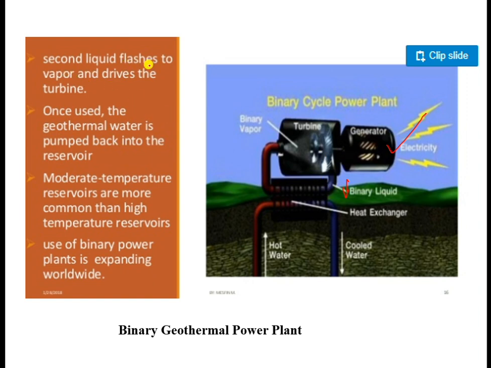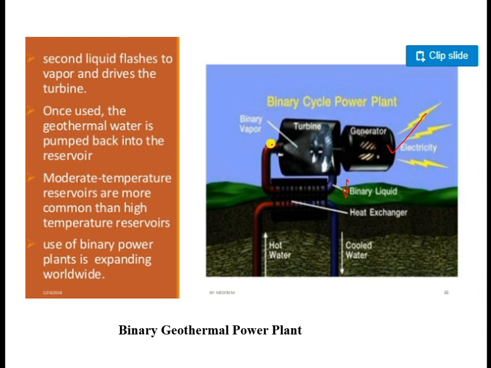So second, the liquid flashes to vapor and drives the turbine in these cases. It is not necessary that it be water. You can run gas turbines also with the help of this. That is the only concept. But generally it is steam, that is, water that is used.